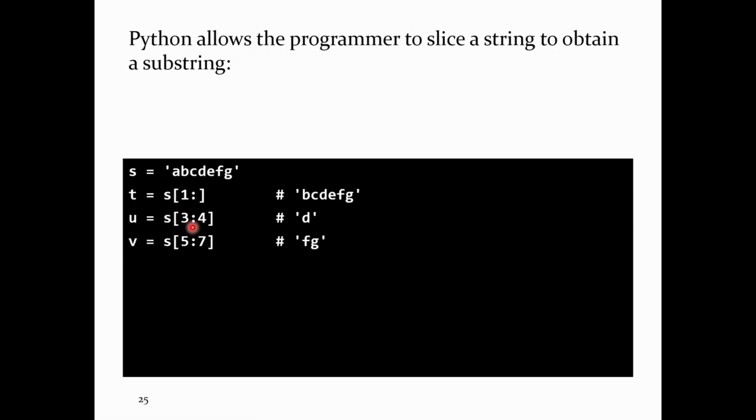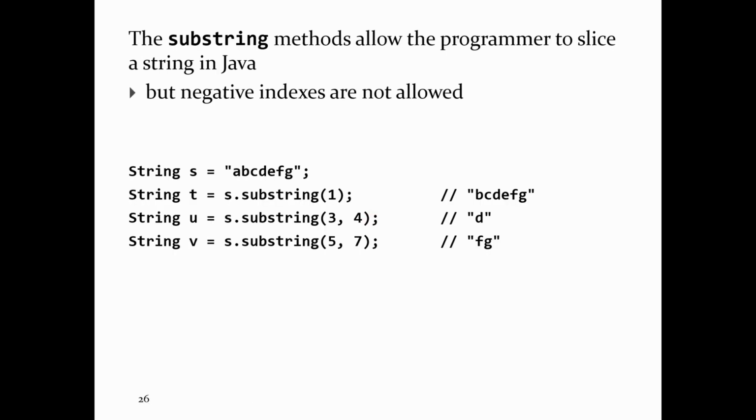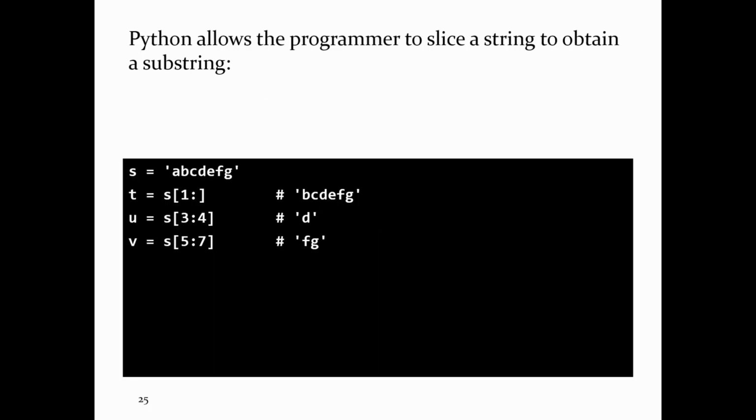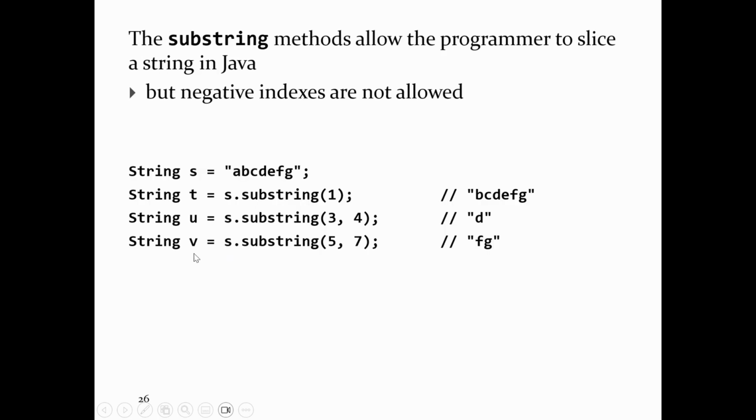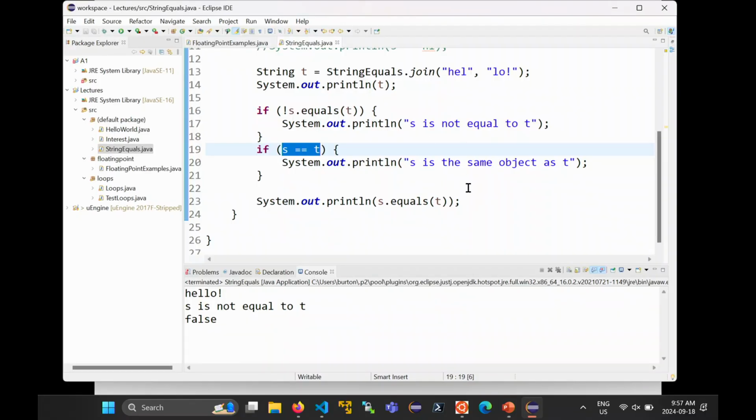Instead of writing s[3:4], you write s.substring(3, 4), and instead of writing s[5:7], you write s.substring(5, 7). It behaves exactly the same way as the Python slice. If you use an invalid index, you end up with an exception being thrown. So I can show you that quickly here.